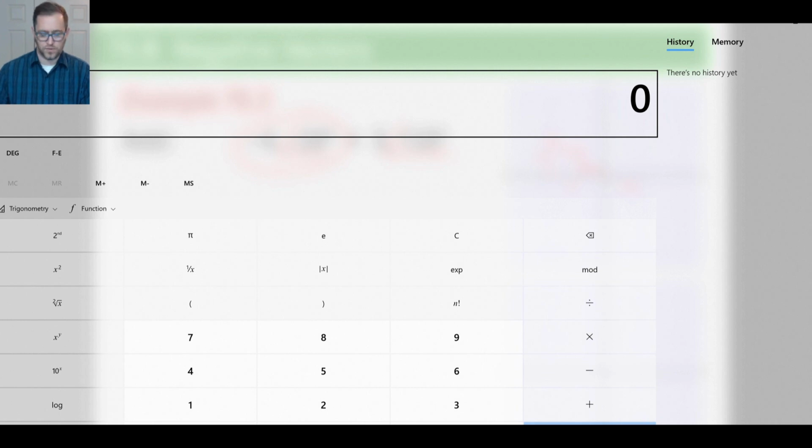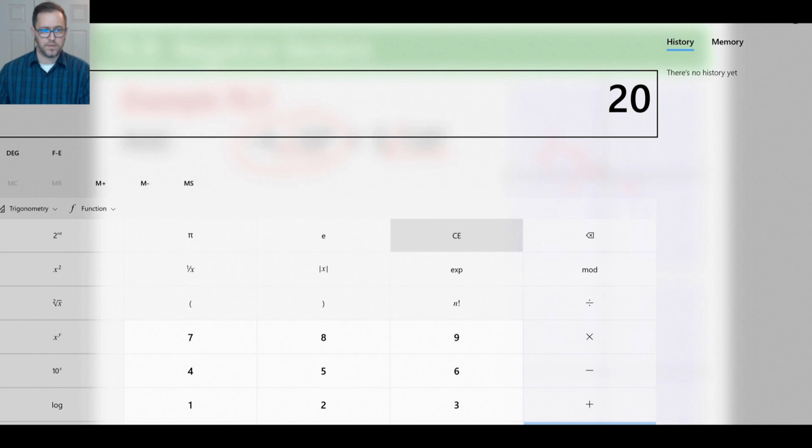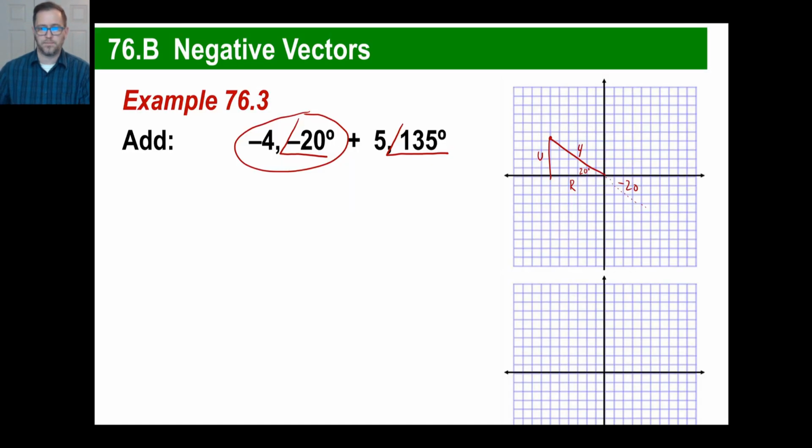And then let's find the cosine of 20 degrees. Just a reminder, we're going to find R first. This is the adjacent over the hypotenuse, which is the definition of cosine. So 20 degrees, and then we'll go to trigonometry, and then cosine, which is 0.939, and so on. So the cosine of 20 degrees is equal to R over 4.